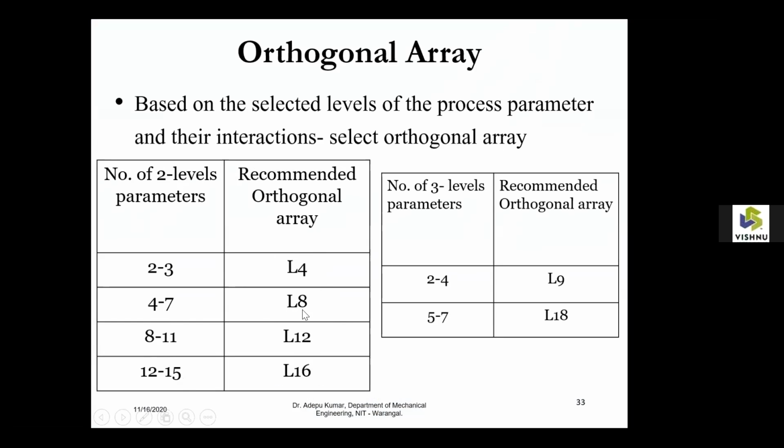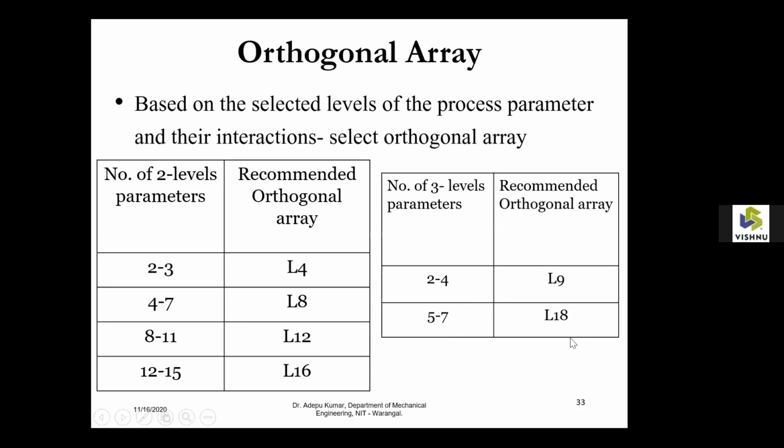I'll come to L8 in the next slide. If it is 3 levels with 2 to 4 parameters, you can use L9, the minimum layout in 3 levels. Here the minimum layout in 2 levels is L4.